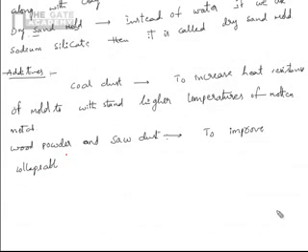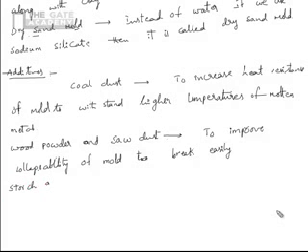Collapsibility means easily breaking the mold. Starch and dextrin improve the resistance to deformation.